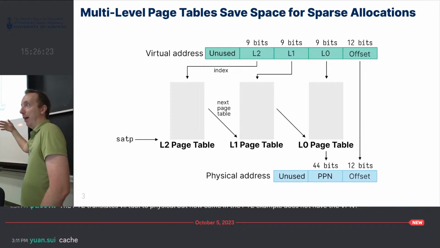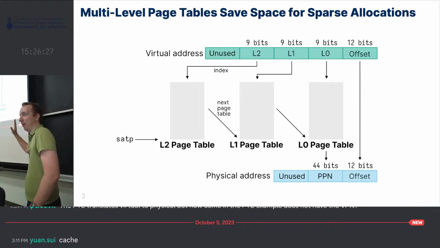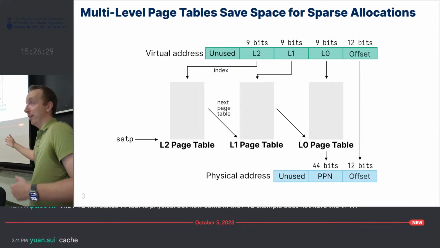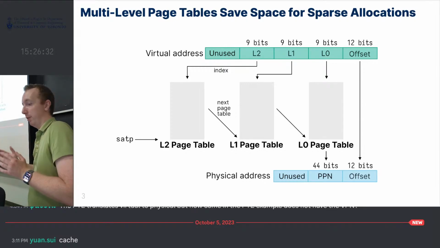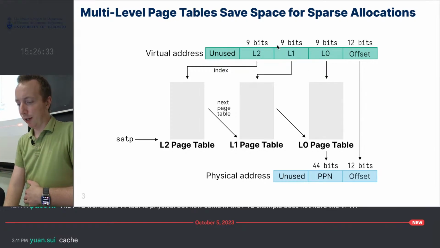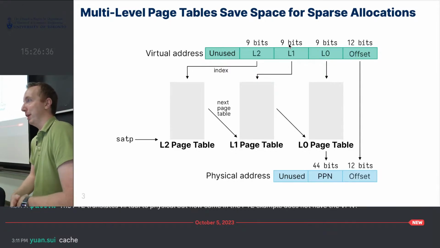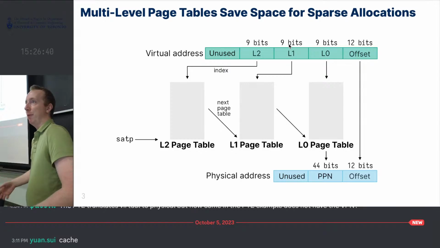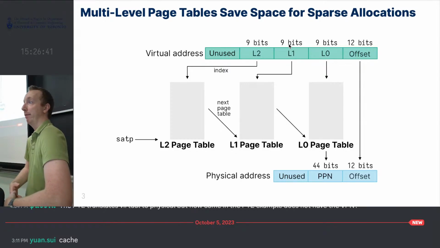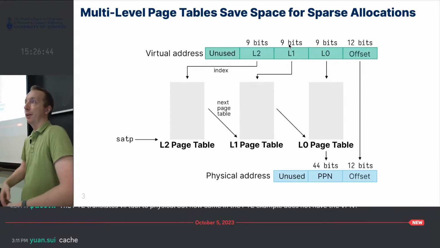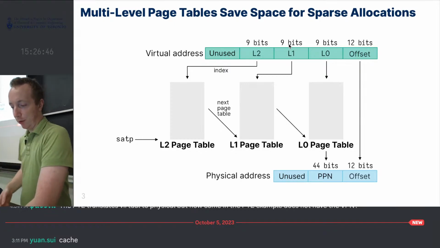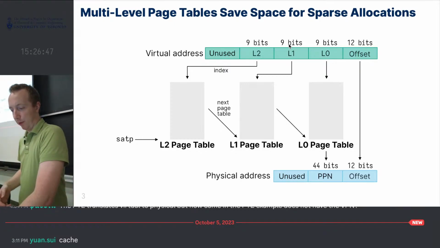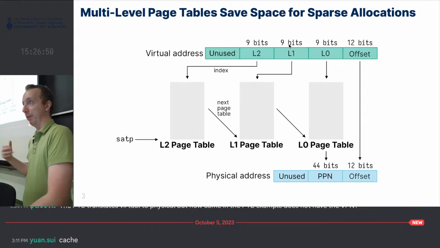So instead of 4 memory accesses, now we have 5. So things are even slightly worse, and that is why you want to limit it as much as you can. If we only had 2 levels, that's only 30 bits, which is a gigabyte, which probably isn't enough memory. So that's why in today's day and age, we have 3 levels. If Chrome takes over the world, we might have to go to 48-bit ones.